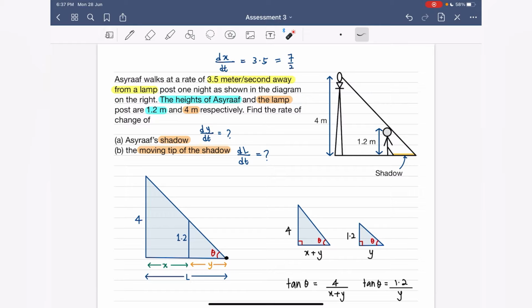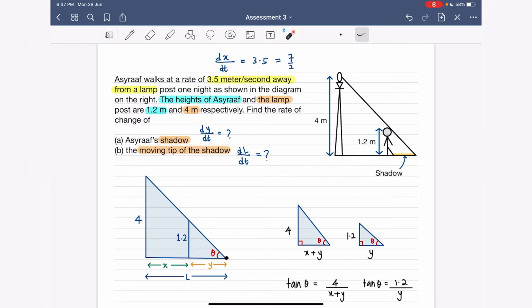Looking at the problem, part A asks for dy/dt, the rate at which the length of the shadow is changing, so that's how fast y is changing. And part B asks, at what rate is the tip of his shadow moving?